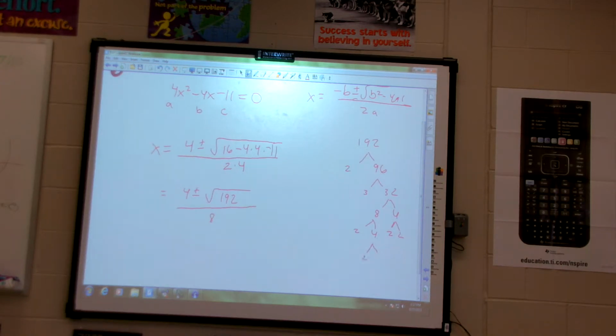What is really there? Pairs of 2s, another pair of 2s, and a 3 left over. That's 2, 2, 2, 3, which is actually 8 square root of 3.